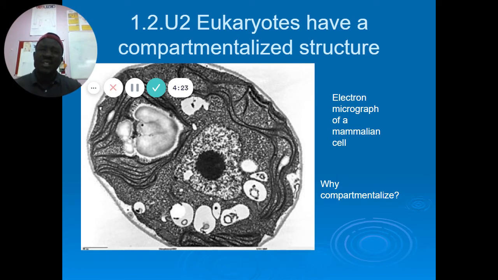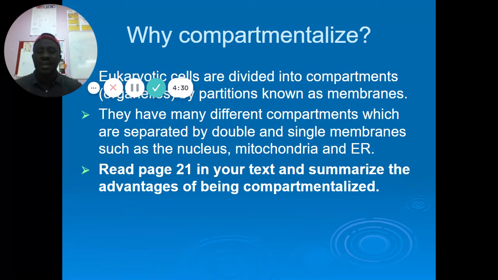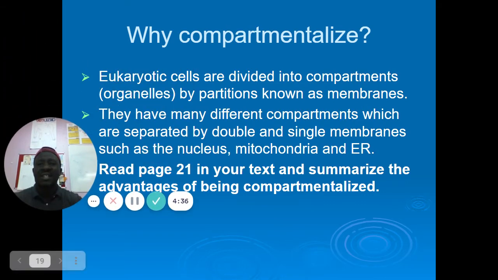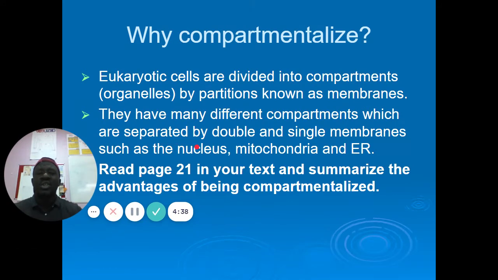So why should cells have compartments? That's the question we have. Eukaryotic cells are divided into compartments, which are now referred to as organelles.